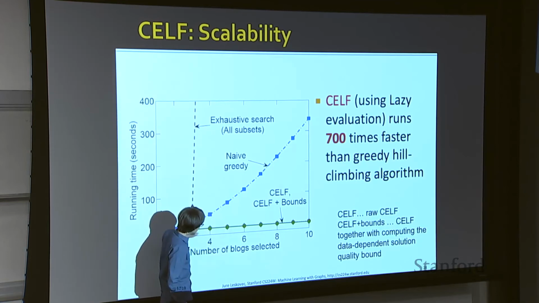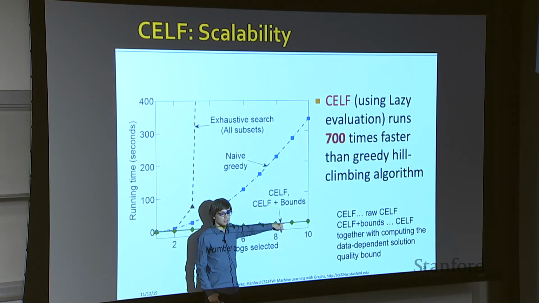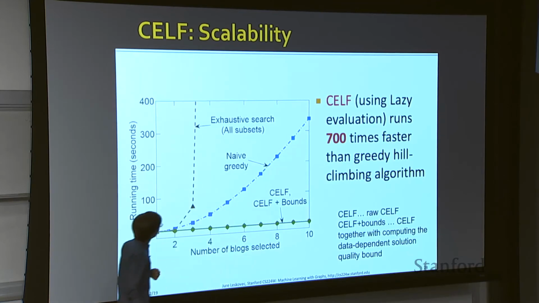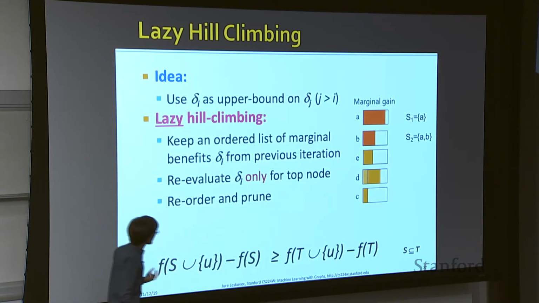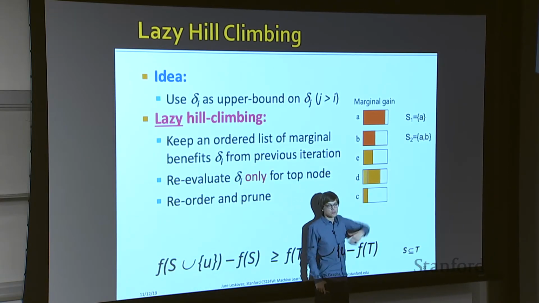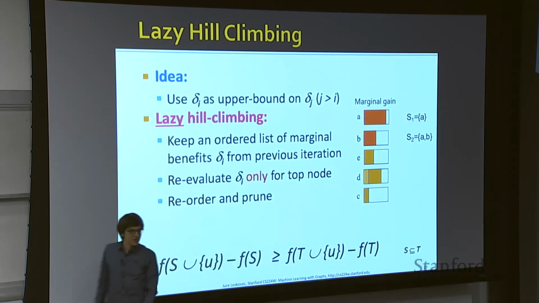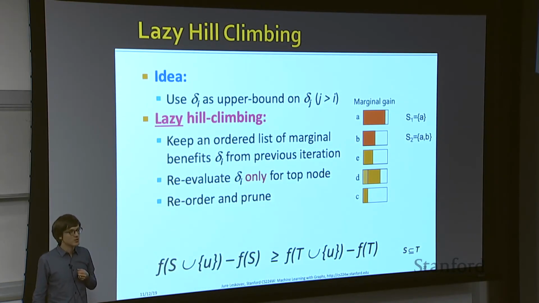And then this is the CELF, which is with the lazy method, right? And just to go back, why is this called lazy? Because we only evaluate the marginal benefit of the node when we have to. We evaluate it on demand rather than just going through the entire list. And this is why this is called lazy.